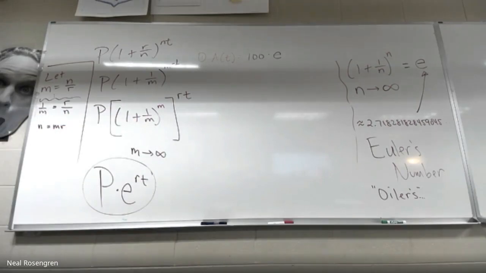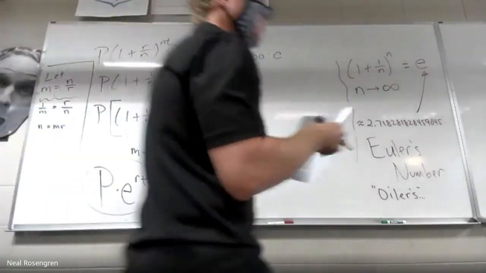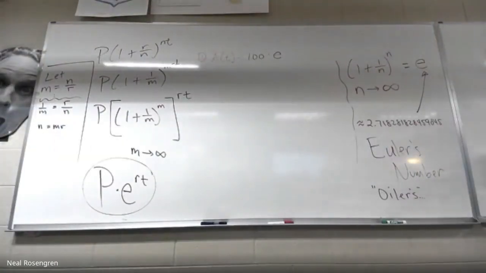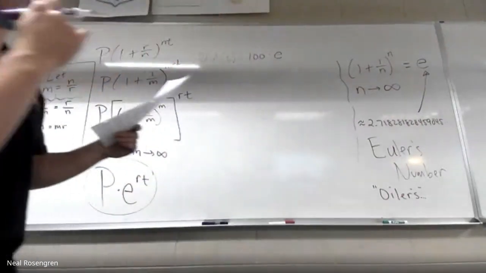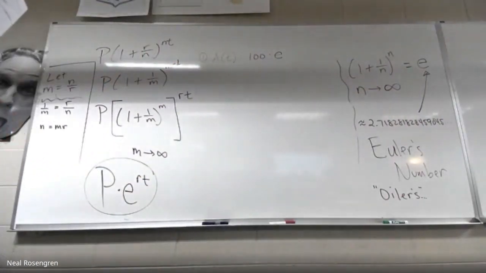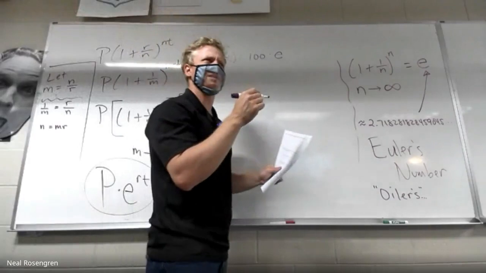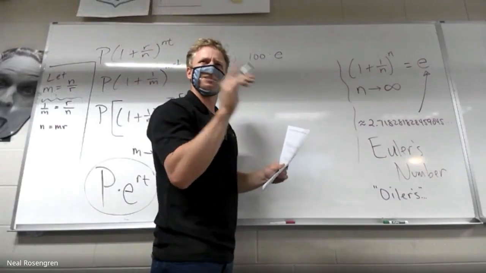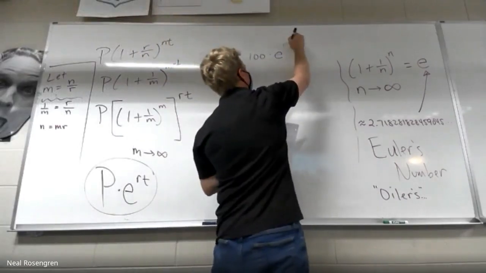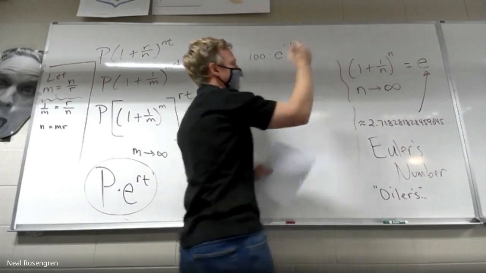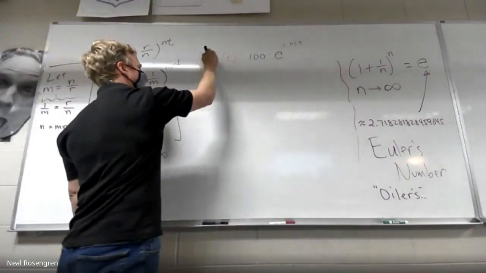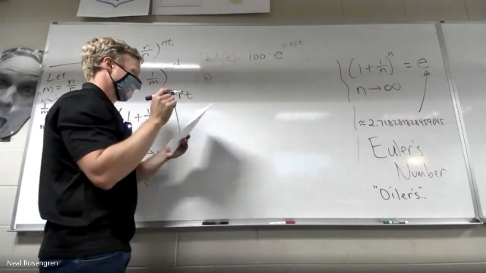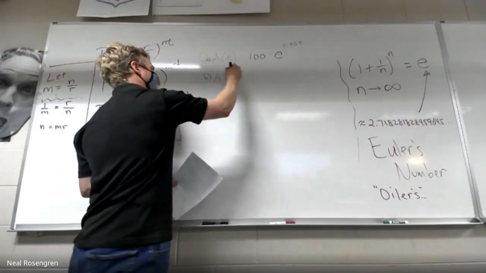And then up in the exponent, there are actually 2 things, R and T, instead of N. R is 5%, so what's that? 0.05. Good. And because it's a model in terms of T, we'll just leave the T up there for part A. Part B, what's the value after 3 years?